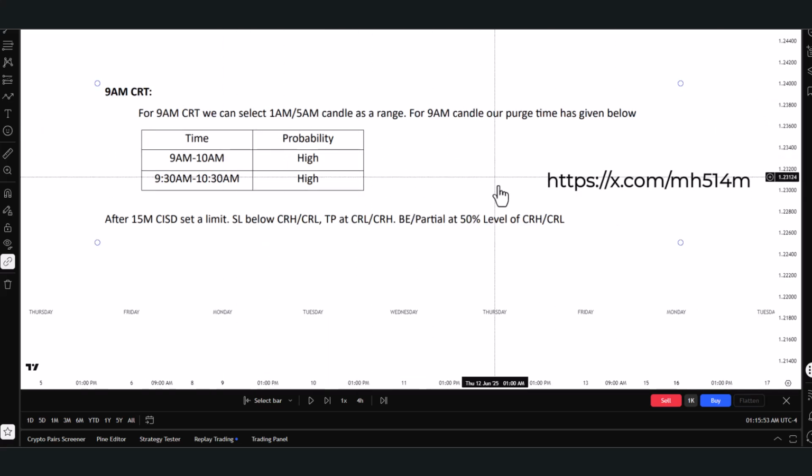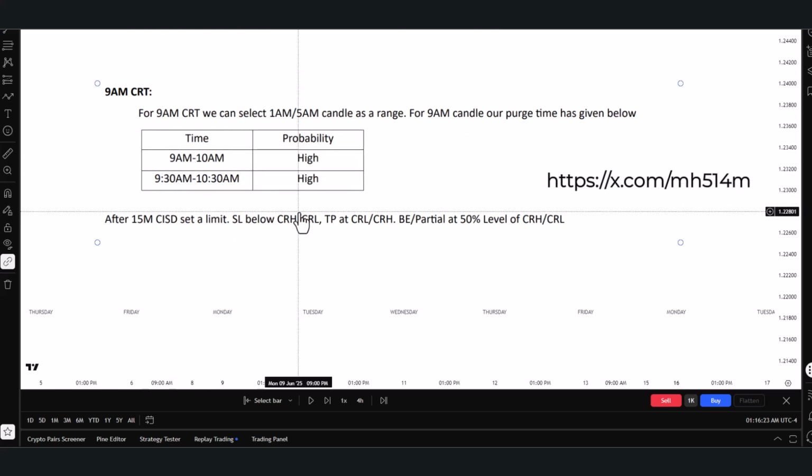For the 9 am CRT, we can select the 1 am and 5 am candle as a range. For the 9 am candle, our purge times are given below. 9 to 10 am, this is high probability. 9:30 am and 10:30 am, this is also high probability. Suppose we have selected the 1 am candle as a CRT. We will mark out the CR high and the CR low and wait for a purge during this time period.